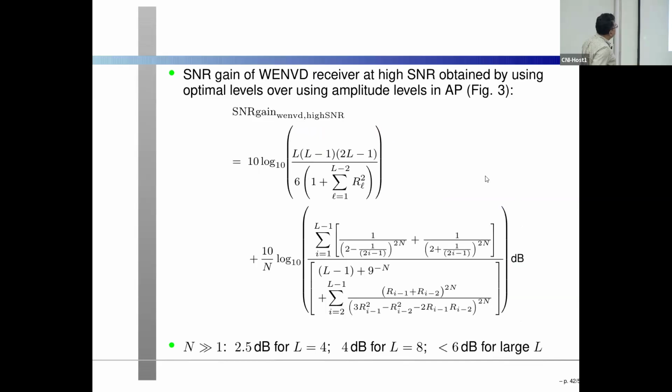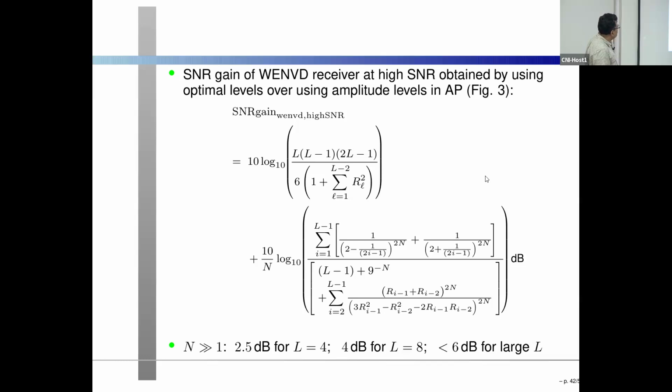Now this is the SNR gain, which is basically what you keep for high SNR. For high SNR, the SNR gain more or less flattens, so that can be calculated. For the WENVD receiver, this is without optimization, using amplitude levels in arithmetic progression versus optimized levels. This is the SNR gain, and for n it looks a bit complicated, but it's actually not that difficult.